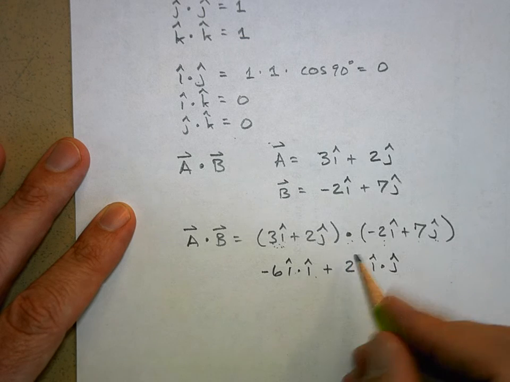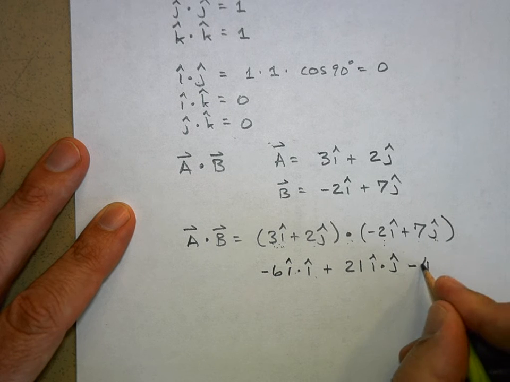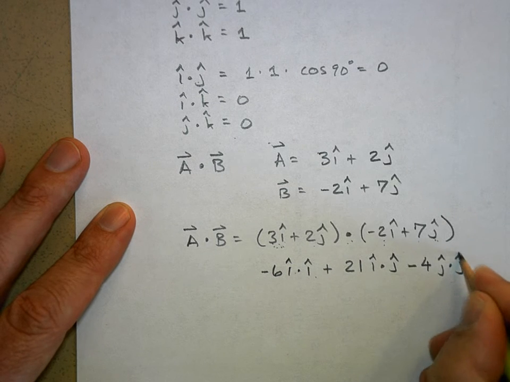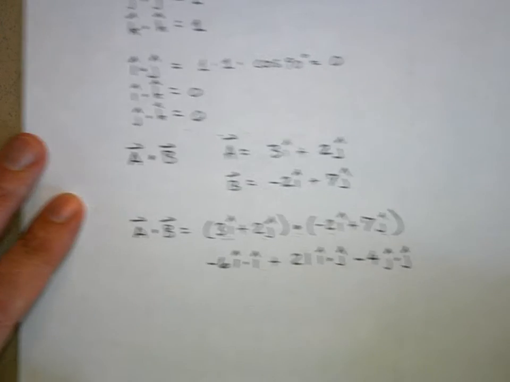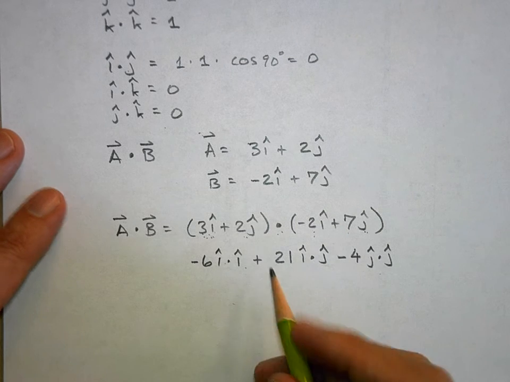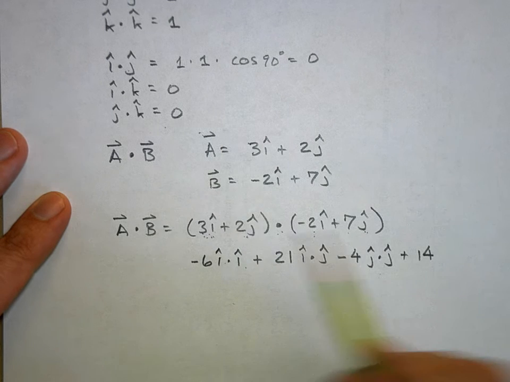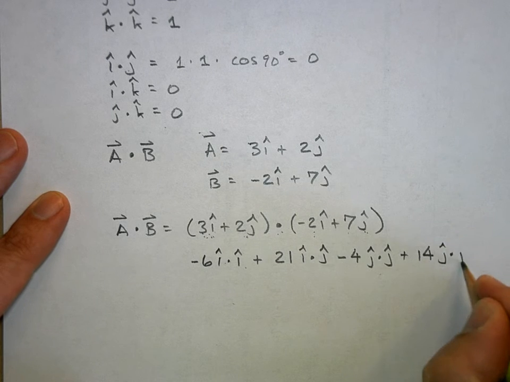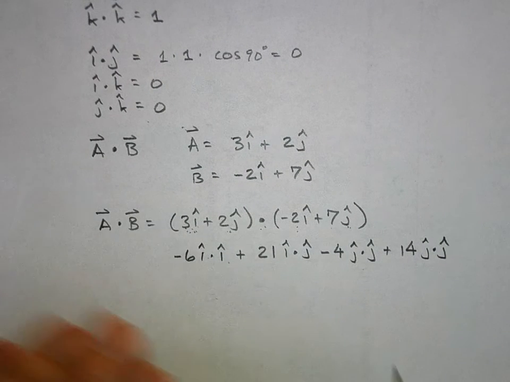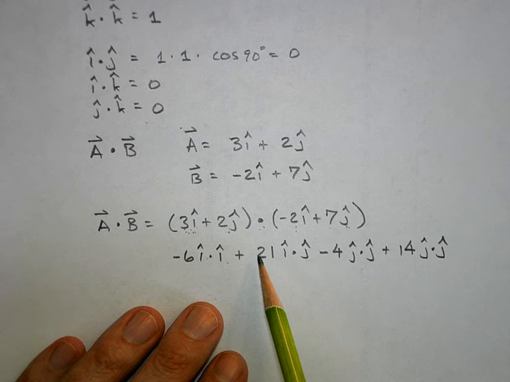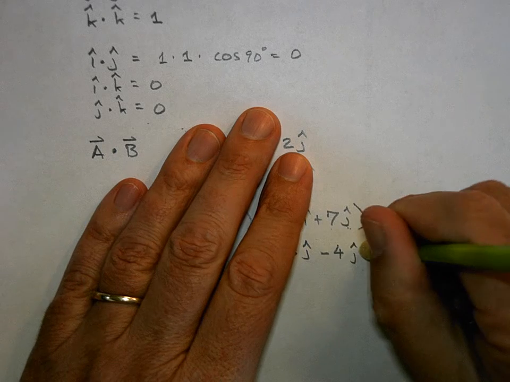Then we'll do this one. 2 times negative 2 is negative 4, j dot j. And then this last term, 2 times 7 is 14. And you have j dot j. Oh, which one? This should be j dot i. Oops. Thank you.